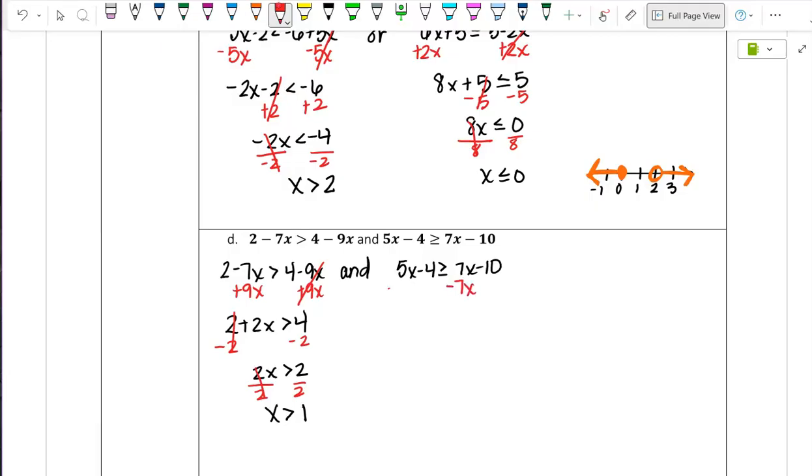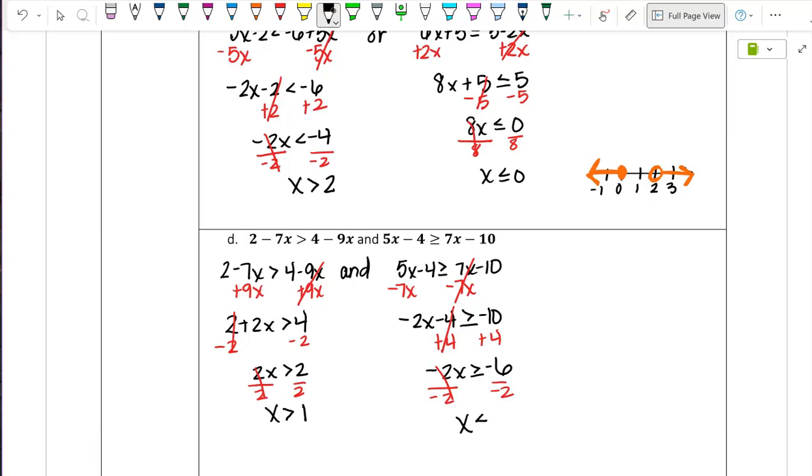I'm going to start by subtracting 7x from both sides. Negative 2x minus 4 is greater than or equal to negative 10. Add 4 to both sides. Negative 2x is greater than or equal to negative 6. Divide both sides by negative 2.